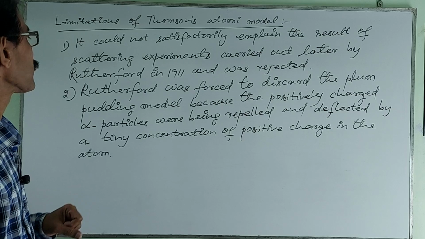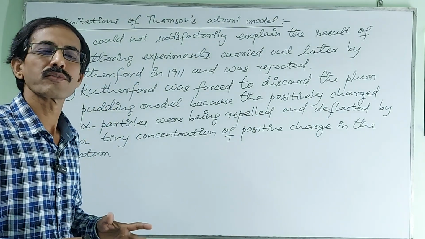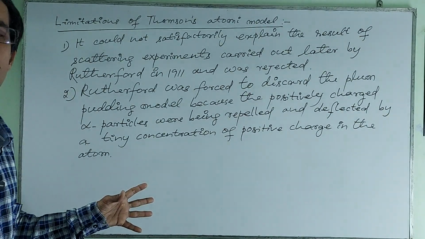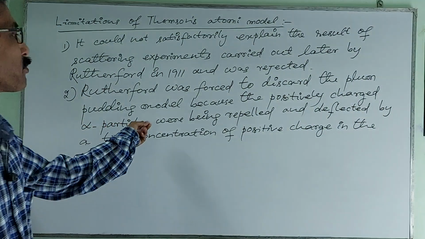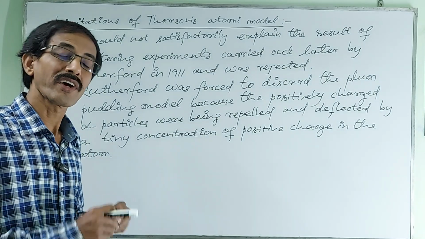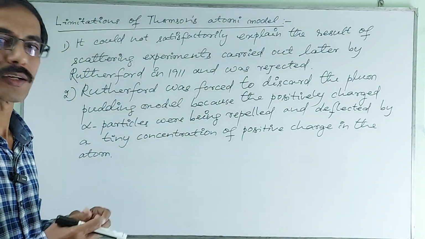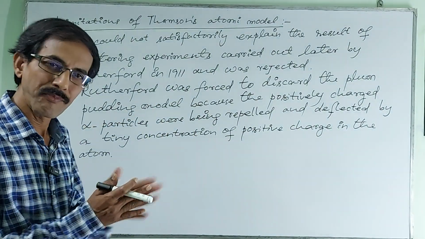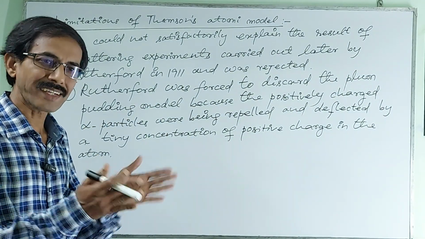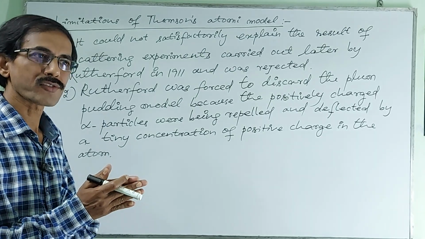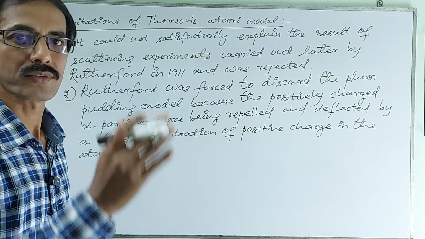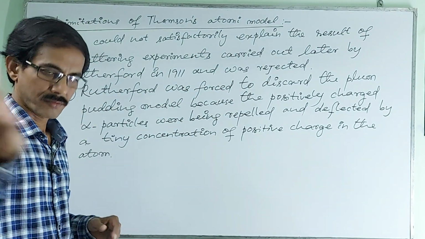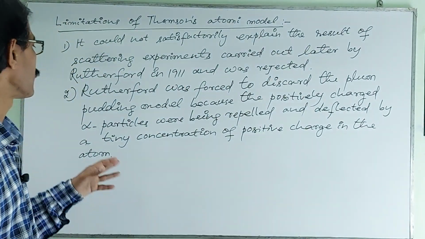The second limitation is that Rutherford was forced to discard the plum pudding model because the positively charged alpha particles were being repelled. Repelled means away from each other. They were being repelled and deflected. Deflected means the particles went through wider angles towards any other direction.